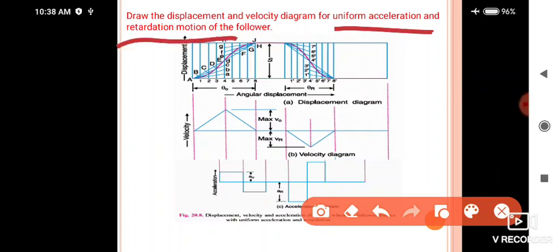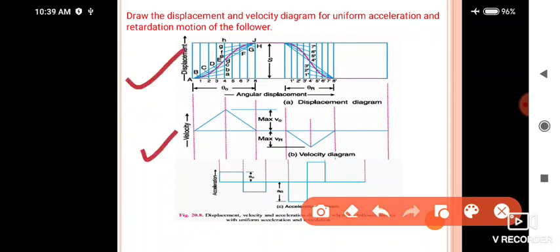This has also been asked in previous question papers. You just go through the previous question papers, you come to know this question was asked many times. So that's why this one is also important. First you have to draw the displacement diagram, then the velocity diagram. The projection of the lines from that displacement diagram will give the velocity diagram.